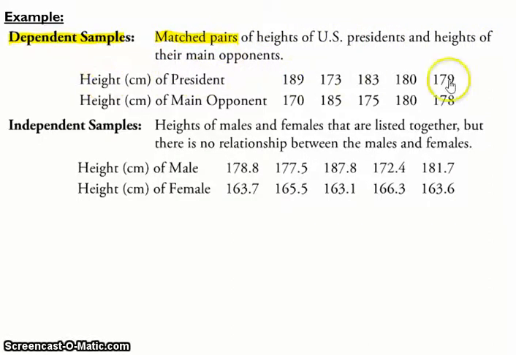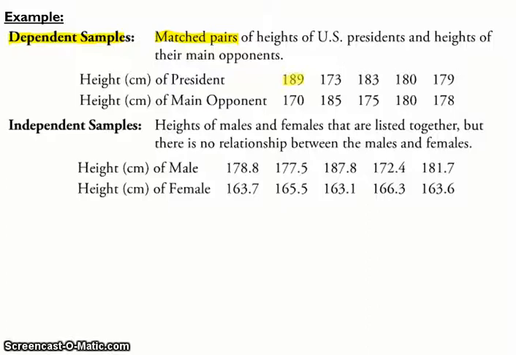The first sample would be the heights of the president, and the second sample is the height of his main opponent. For example, if the first president here was Barack Obama, then this height would correspond to John McCain, if we were considering the first time Obama ran for president. That's what creates a matched pair.